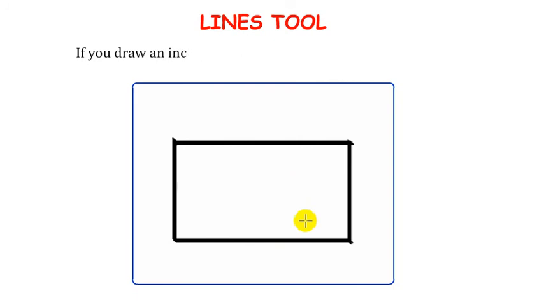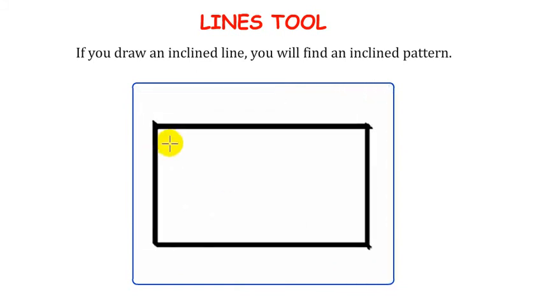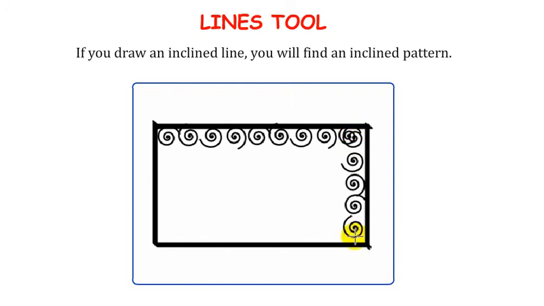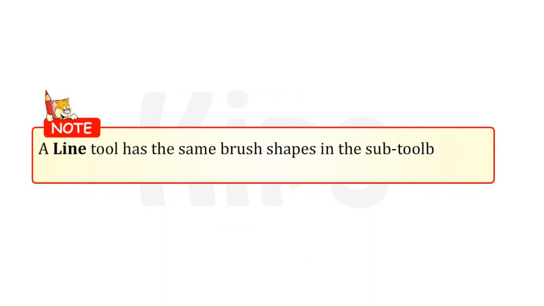If you draw an inclined line, you will find an inclined pattern. Students, note that the Lines tool has the same brush shapes in the SUB-TOOLBOX as in the Paint tool.